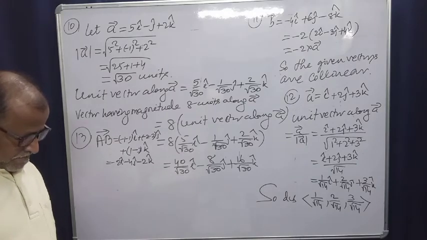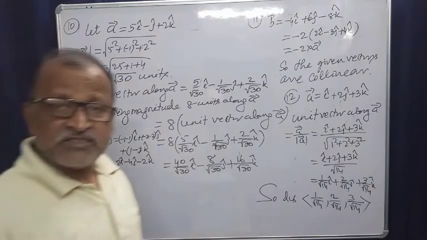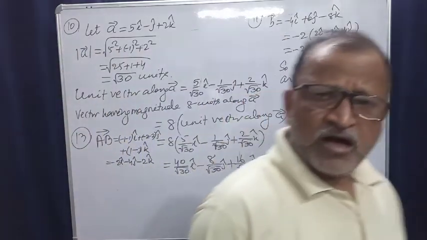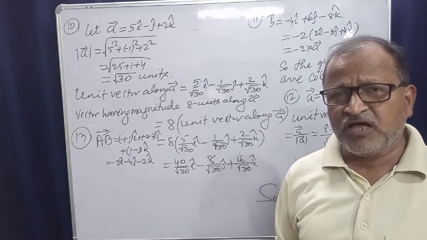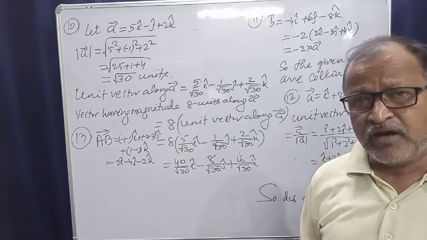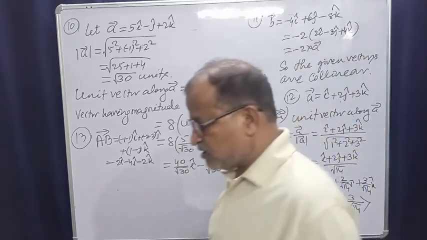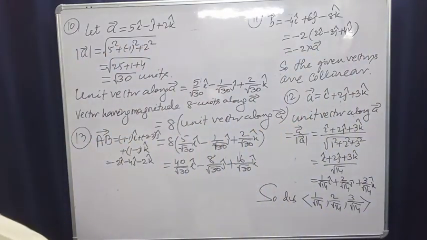Then, show that the vector i plus j plus k is equally inclined to the axes OX, OY, OZ. The direction cosines will be the same. Cos alpha, l is equal to m is equal to n. If l is equal to m is equal to n, then they will be equally inclined.